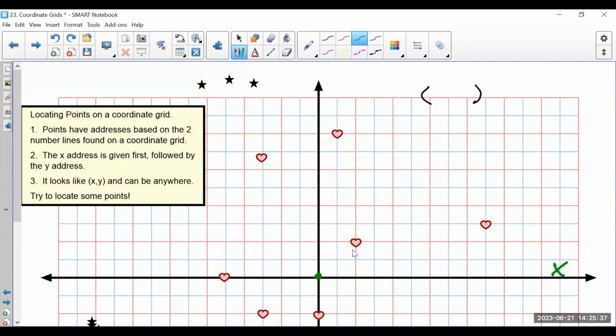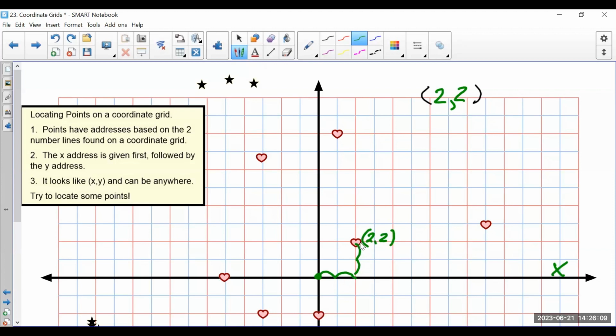Well, to get from here to there, you're going to go 1, 2 spaces to the right. So the first number is a 2. And then you're going to go up 2. So the coordinate point for this location right here would be 2, 2.